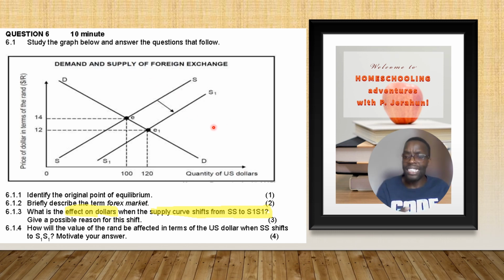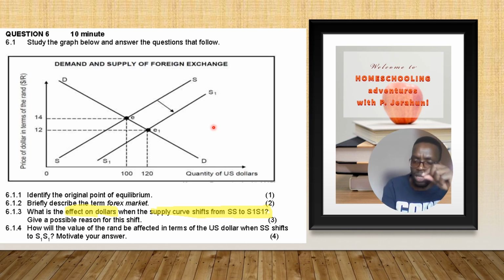And that shift is going to result in an increase in the US dollars available on the foreign exchange market, as the American investor is trying to buy rands so that they can come and invest in our country.